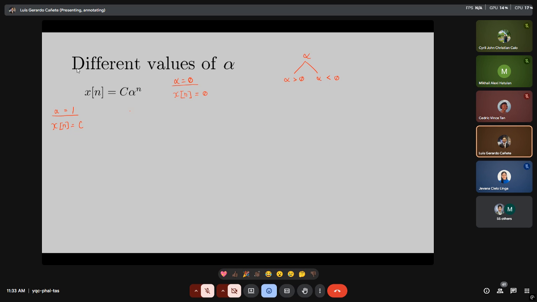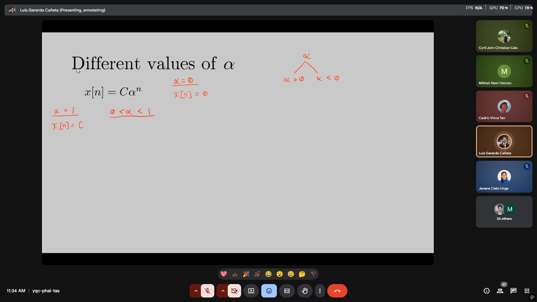Now, what about when alpha is greater than 0 but less than 1? We need to separate this, and it will become clear in a while why. So when alpha is between 0 and 1, that means that the number here is going to be less than 1, right?